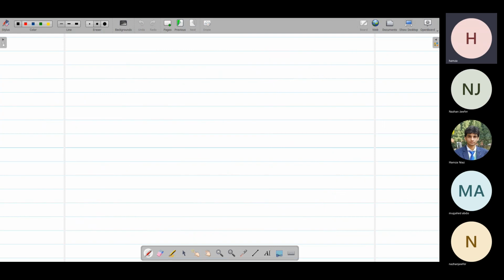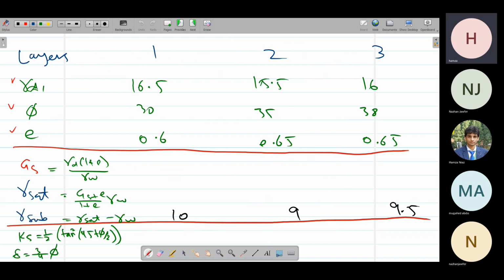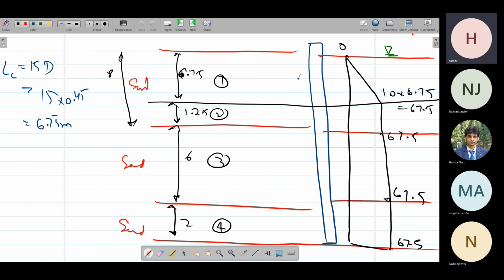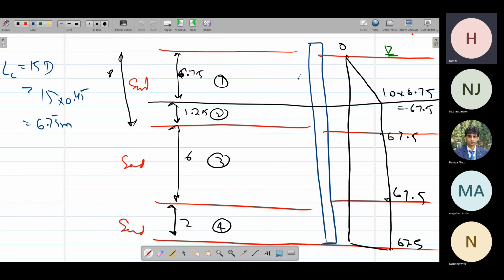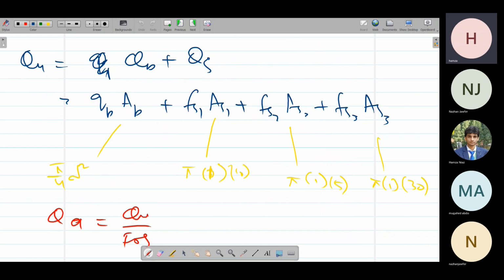Now for base friction, we can simply use Qb is equal to P dash Nq, where P dash is the pressure at the tip of the base, 67.5 times Nq. Now we don't know this Nq value, but we know the phi.